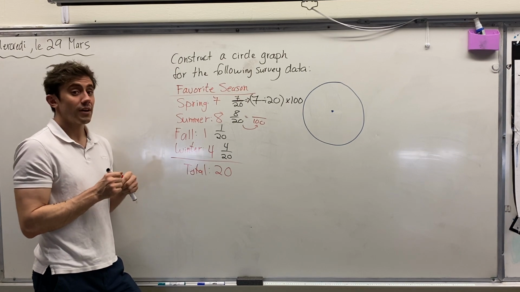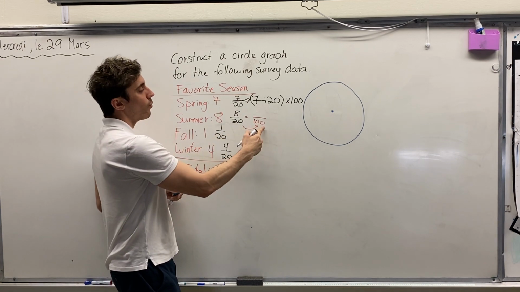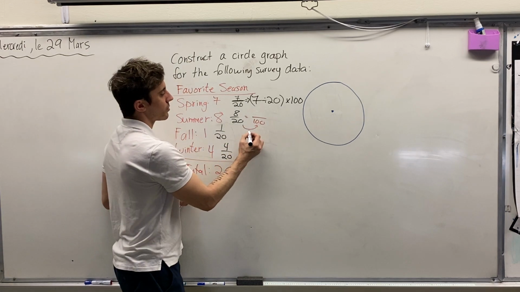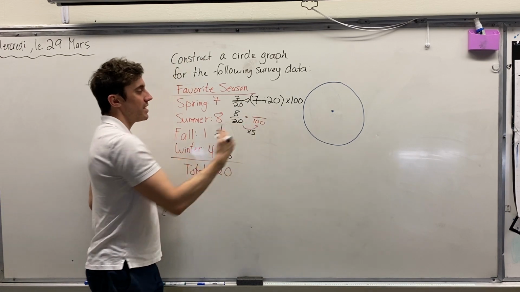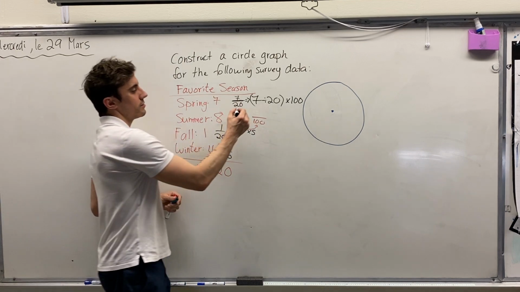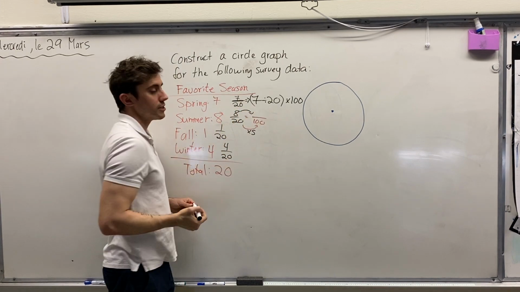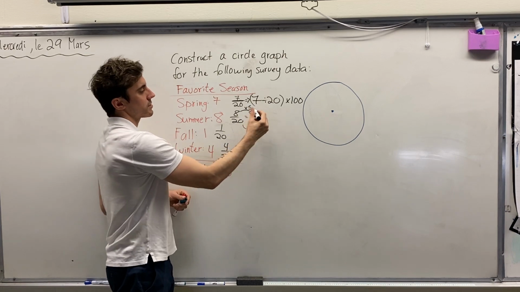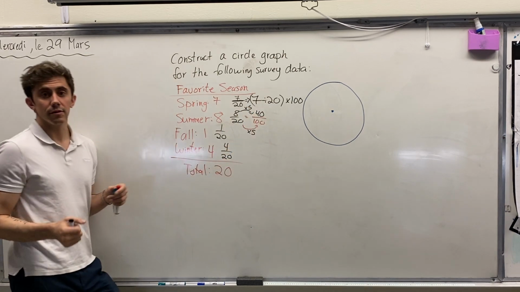So, first off, I'll ask you, 20 times what would bring us to a denominator of 100? Well, clearly that's 20 times 5. And so, in keeping our fractions equivalent, we do the same thing in the numerator. And so, 8 times the 5 brings us to 40 out of 100, okay?